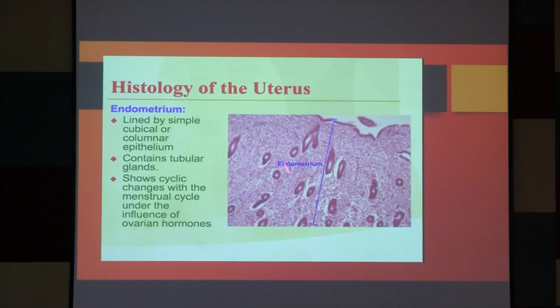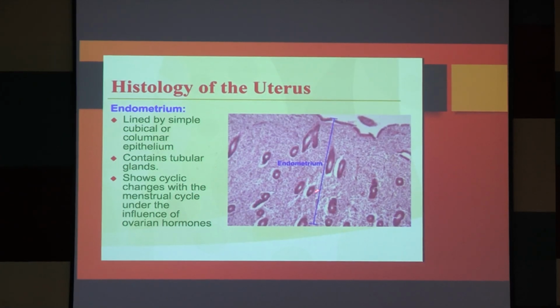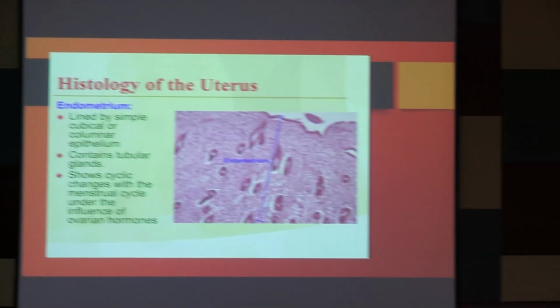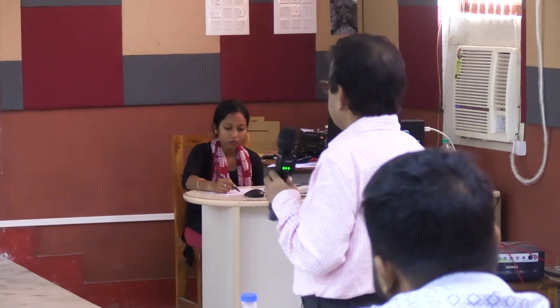Cyclical changes, as you know from physiology, are proliferative and secretory, and secretory is known by the presence of subnuclear vacuoles. That is very important: secretory change occurs only following ovulation. So secretory change means ovulation is occurring, no doubt about that.